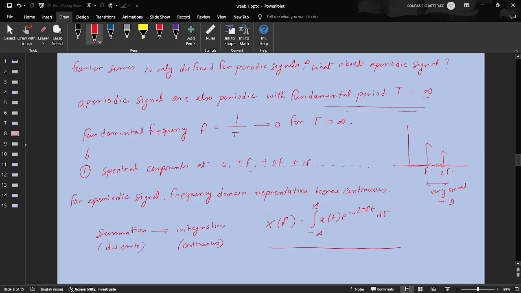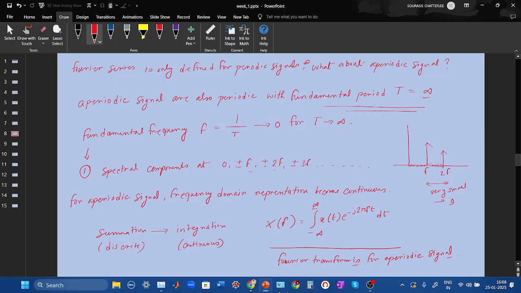So this is what the Fourier transform is, and it is defined for aperiodic signals.